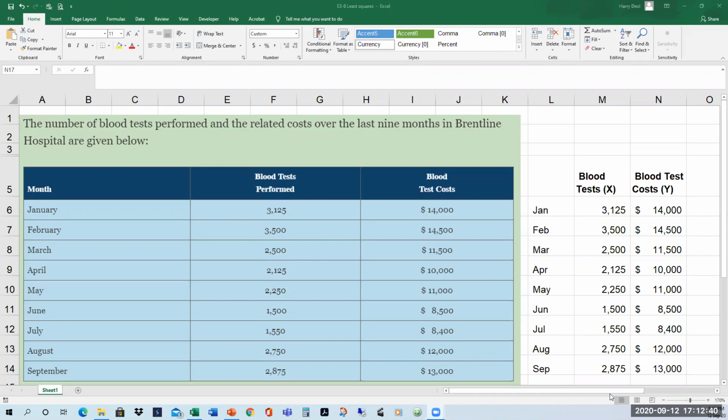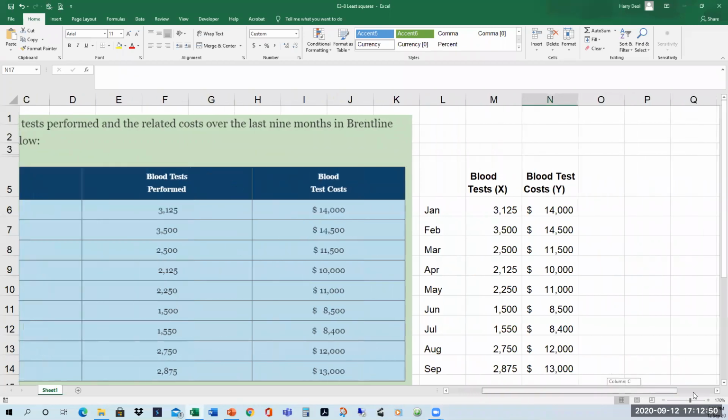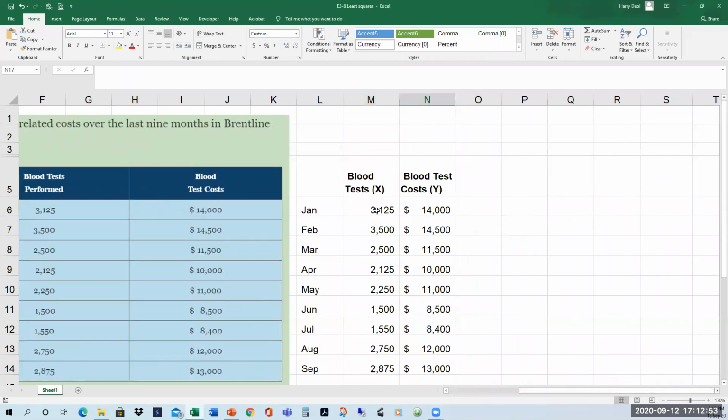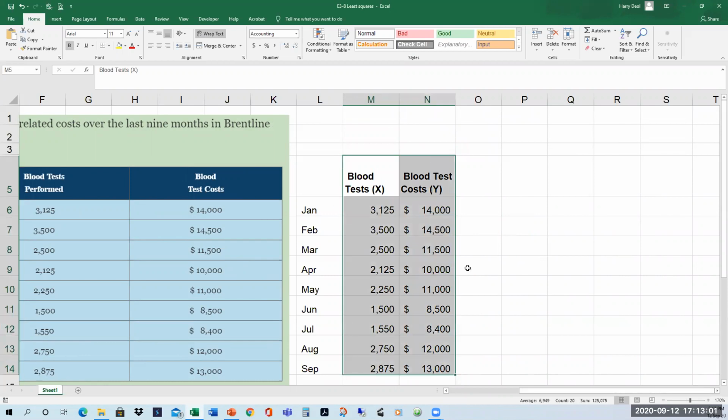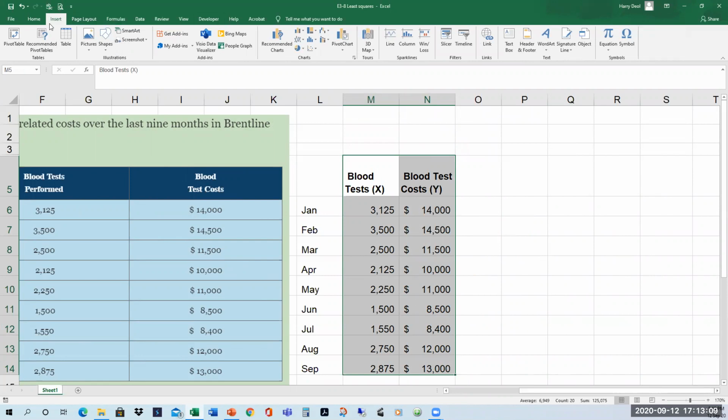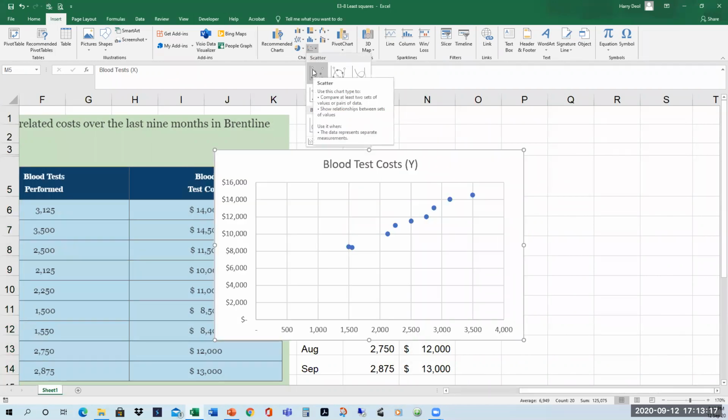So I'm going to use this opportunity to show you how to work with the scattergrams. So if you're looking to work with scattergrams, what we do is we want to select this data and using Excel, we want to click insert, and we want to insert a chart, and we want to go with a scatter plot.